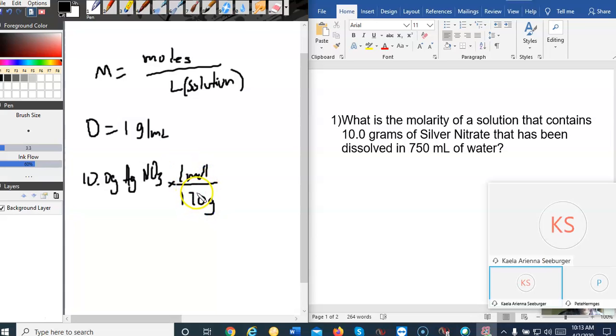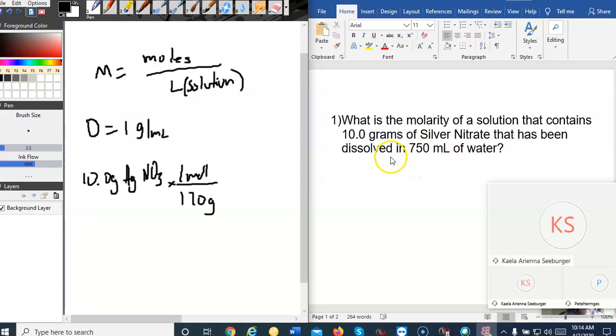So you know what? I'm actually thinking in this case you can keep it at the 750 mL. Yeah, I told you to add it, but in this case you should keep it at the 750 mL. It's really for percent by mass that you add your solute and your solvent.